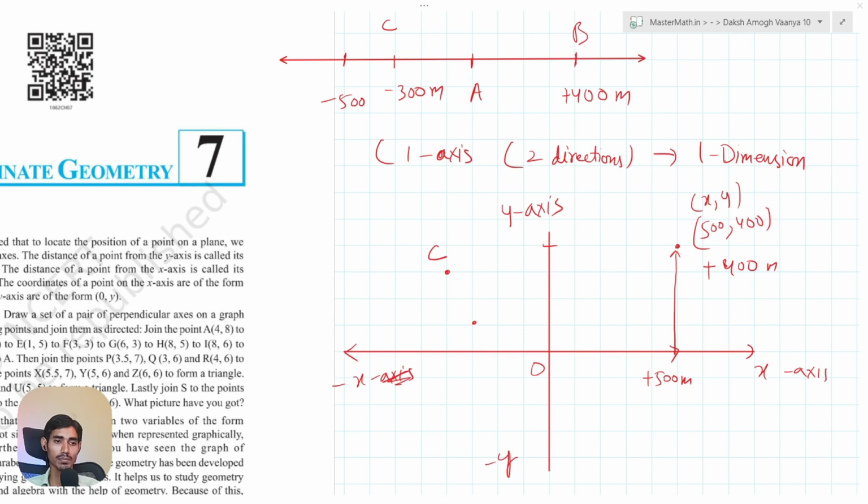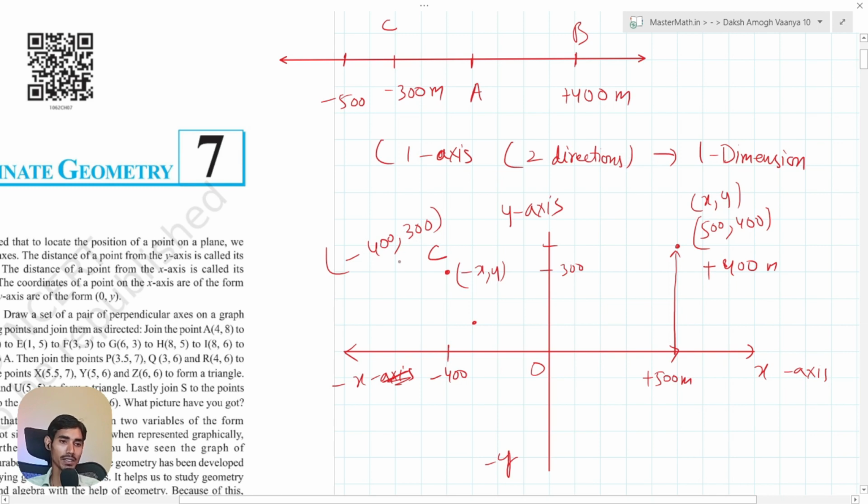Yes, Daksh. Minus x and y coordinate. Okay, so minus x and y, but what would be the values? I have not given that. So this is 400, minus 400, and this is 300. You couldn't tell for that reason. So minus 400 comma plus 300.